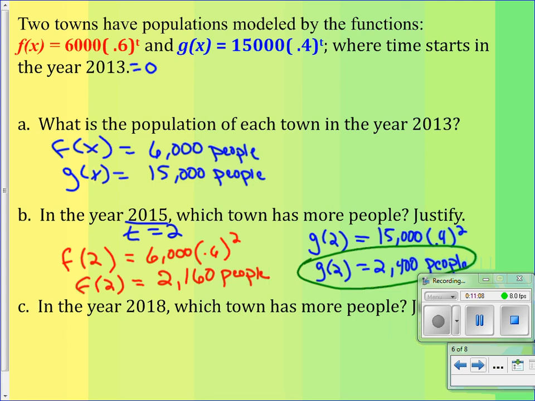So now for the year 2018, 2018 would be 5 years after 2013. So t equals 5. So now we're going to plug 5 into f and g. So f of 5, and then we're going to do g of 5.